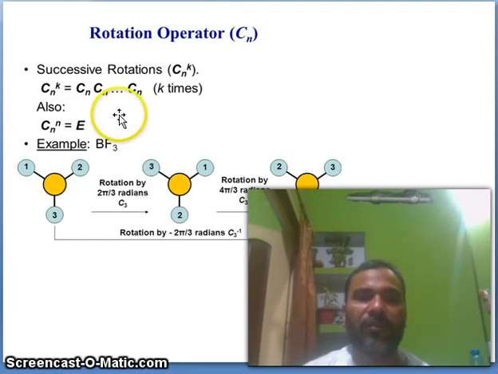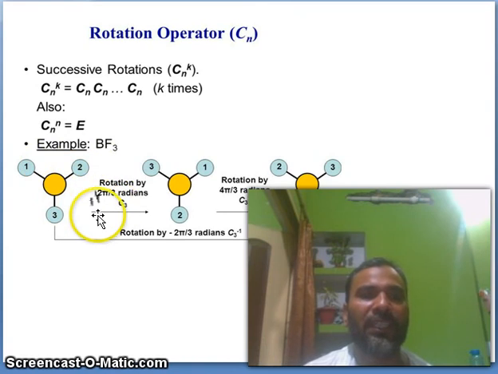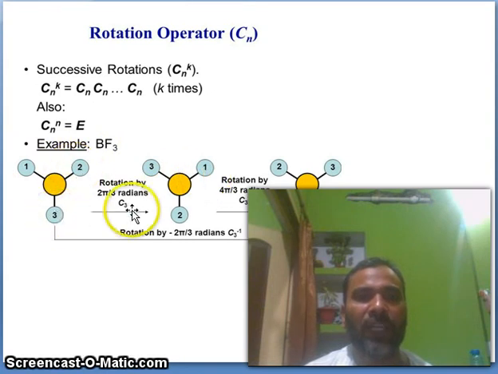Here, just imagine you have the trigonal planar structure. Imagine this is your boron and these are 3 fluorines. The rotation by 2 pi by 3 radians means 120 degrees. Then what will happen? 1 will come here, 2 will go there, and now 3 will come here.